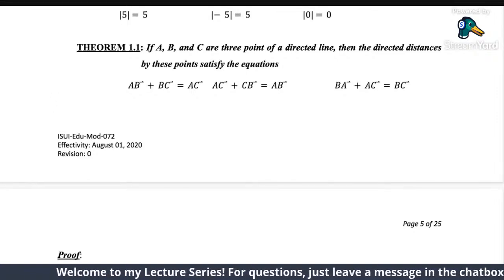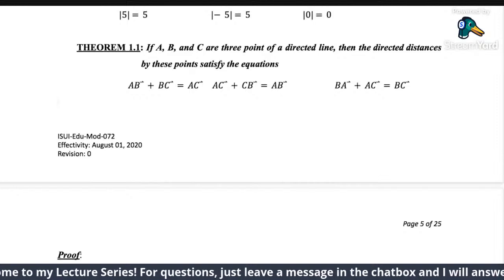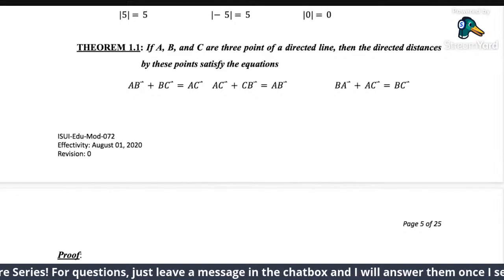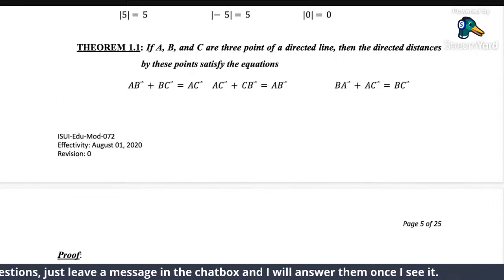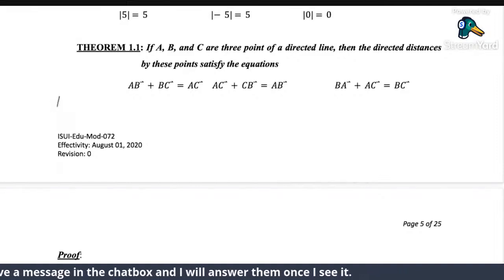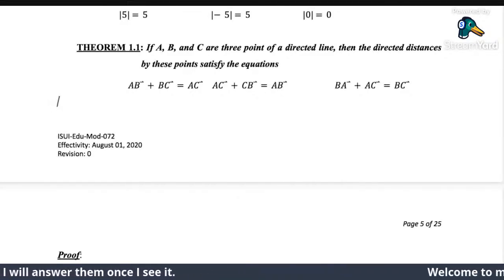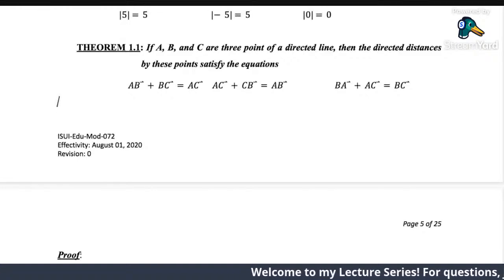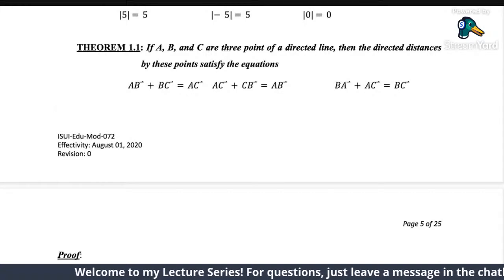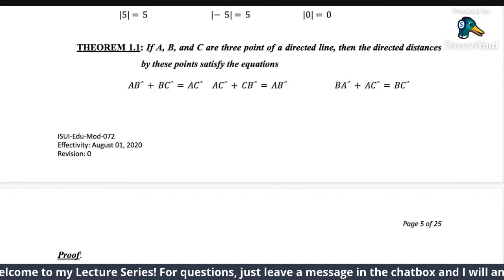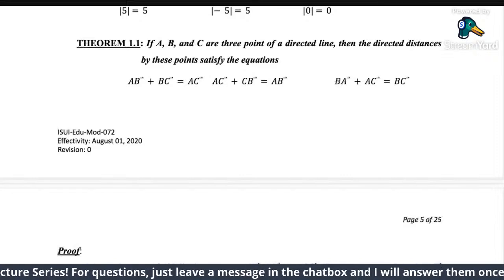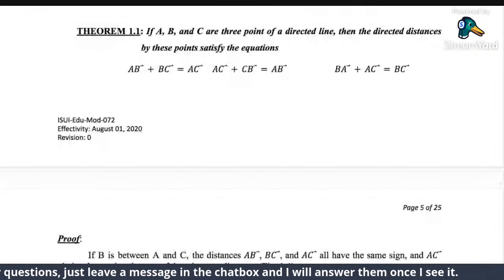But of course, if we have points A, B, C, B being somewhere between A and C, and it's a directed distance, so from A to B plus from B to C, that will be from A to C. So you can try that by drawing an arrow containing 3 points A, B, and C. We have it here.